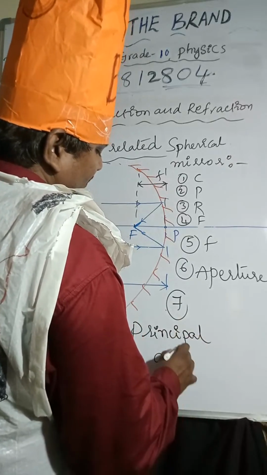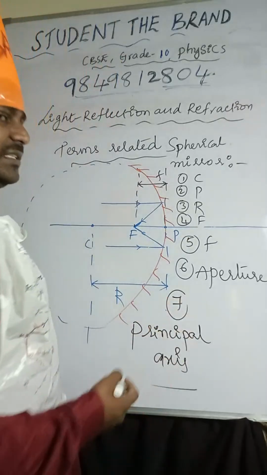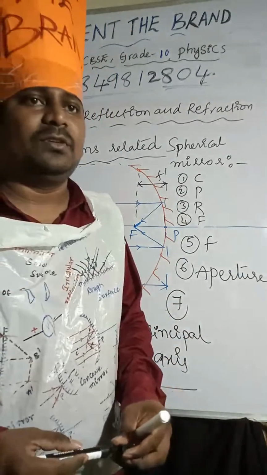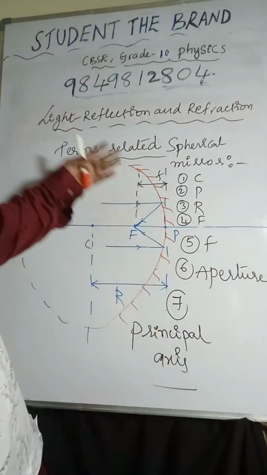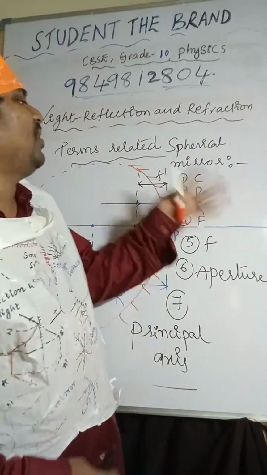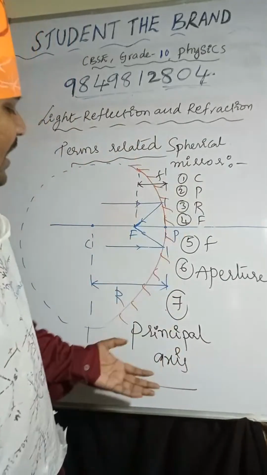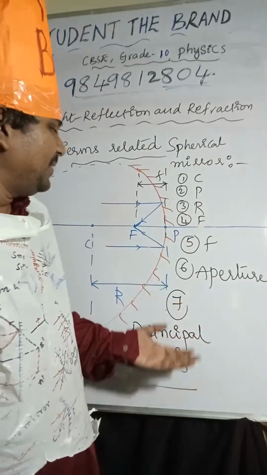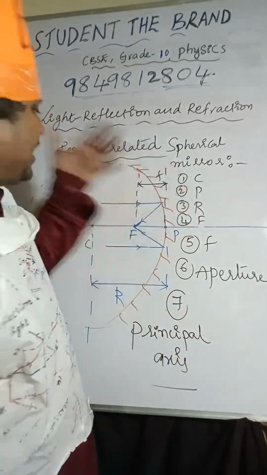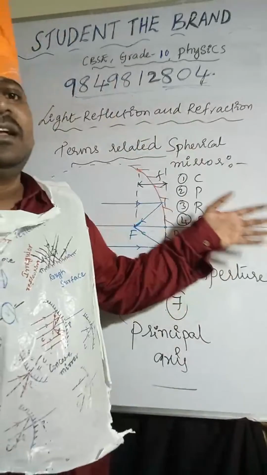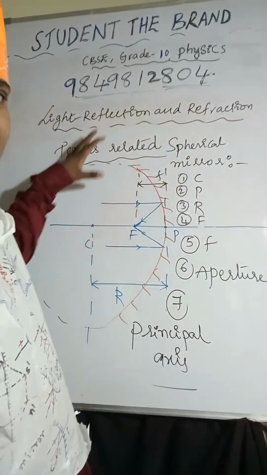Welcome, principal axis. It plays the main, key role. Only the principal axis plays a very important role. It is the hero of the entire diagram.